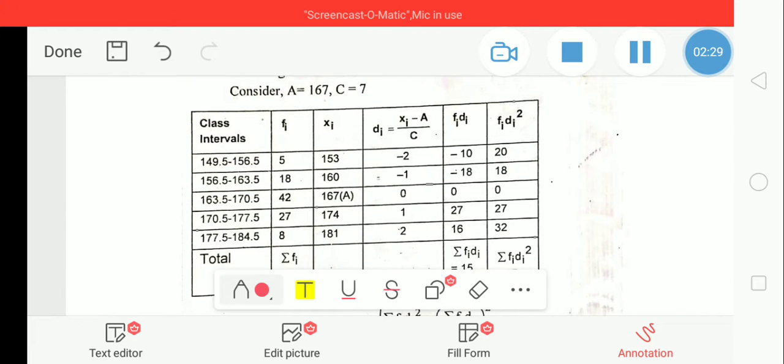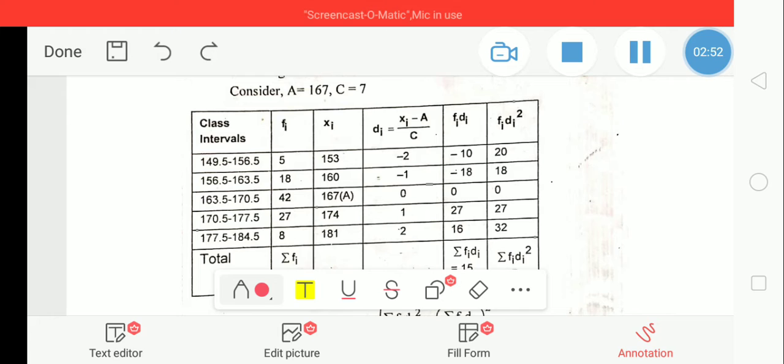So we can write it this way: 149.5 to 156.5, 156.5 to 163.5, 163.5 to 170.5, 170.5 to 177.5, 177.5 to 184.5.